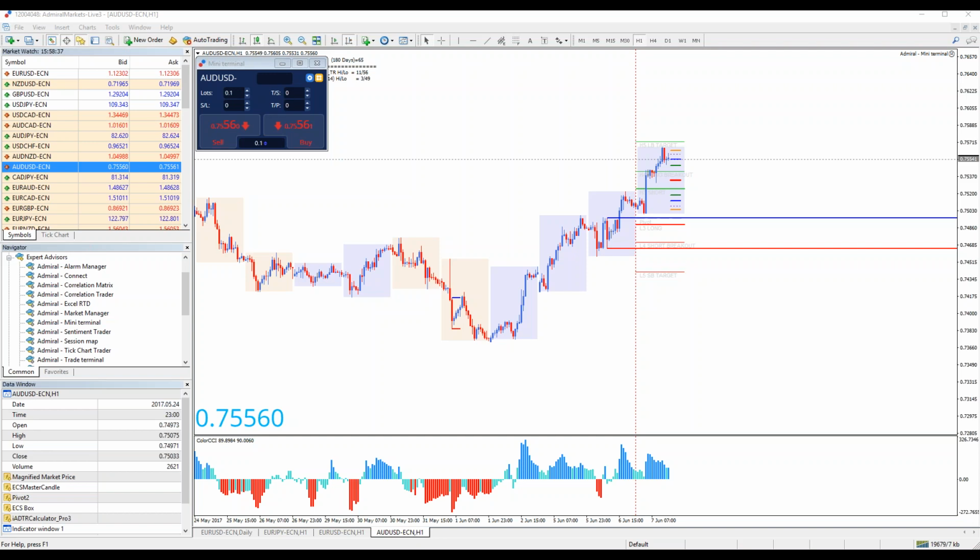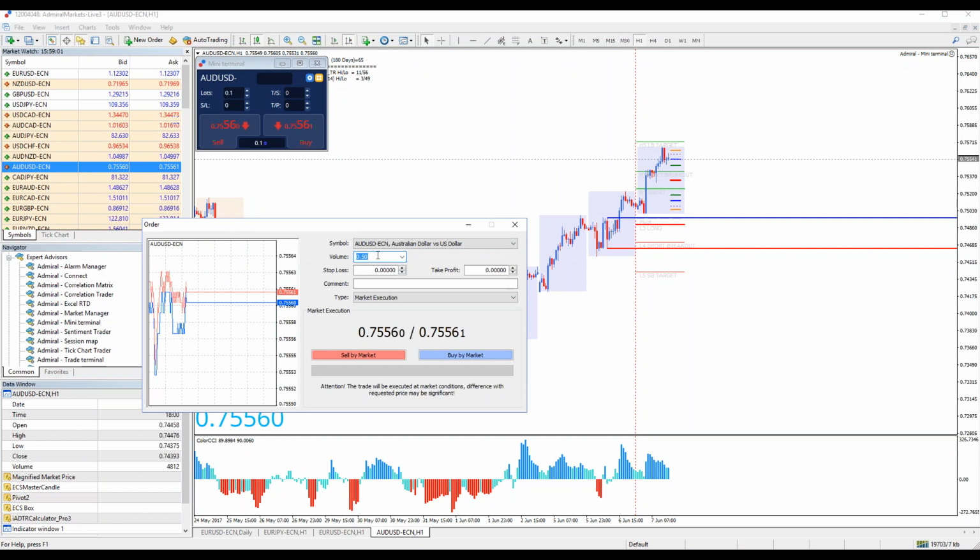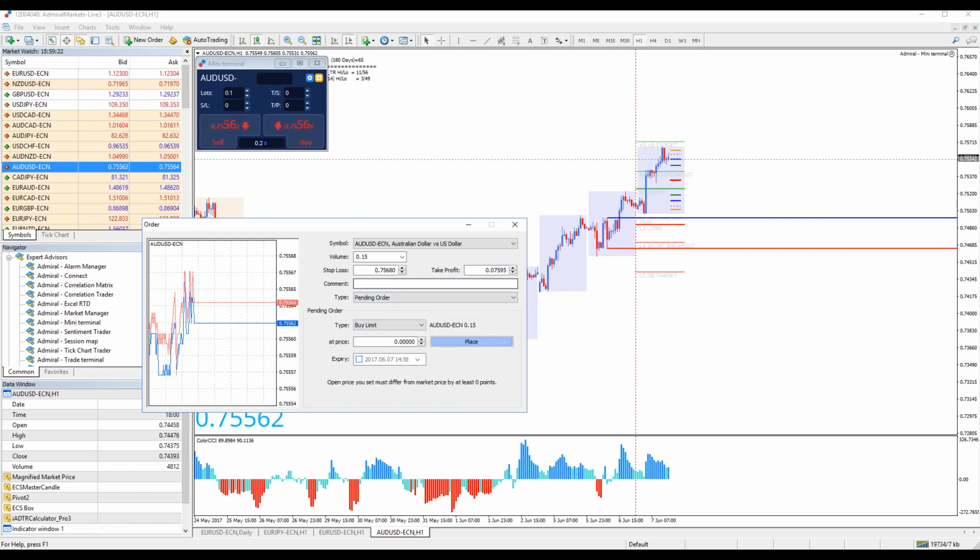Trading, new order. Okay, this is a new order. 0.7568, 75.95. Now I will need to, okay, stop loss is 75.95.